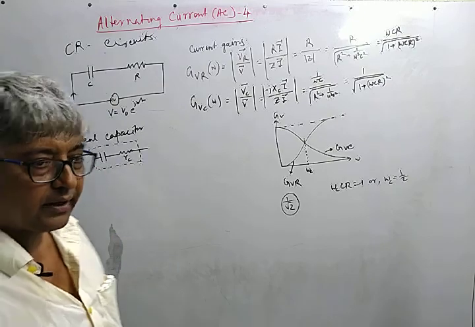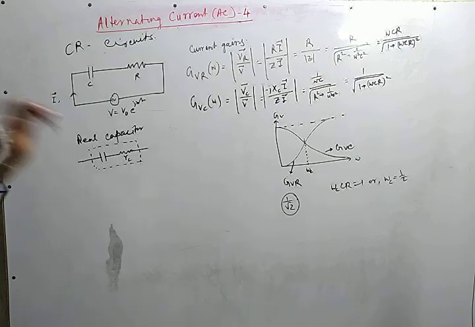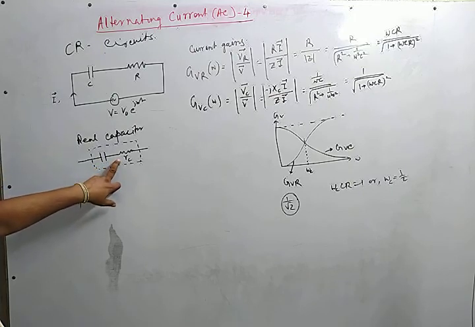Earlier we have studied that in a capacitor there is no energy loss over a cycle. In 2 quarters the capacitor receives energy from the source, and in the other 2 quarters it returns the energy to the source. But when we have a real capacitor, there is a lossy element, a resistance, and energy is dissipated across this resistance.